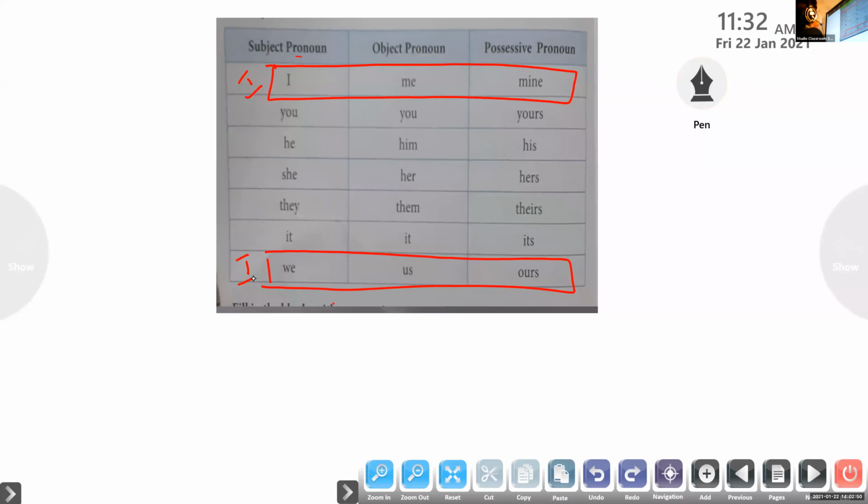I is the subject pronoun, these are the object pronouns, and these are the possessive pronouns. So for all subject pronouns we have different forms. I, me, mine; we, us, ours. I, me, mine are singular. We, us, ours are plural. Clear?